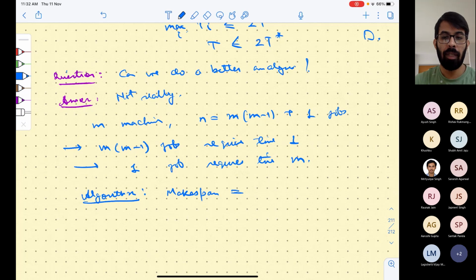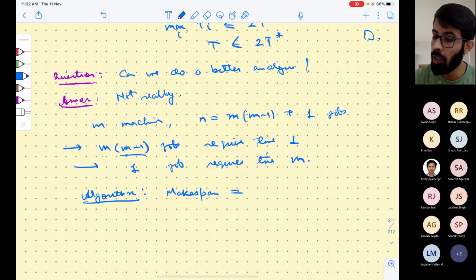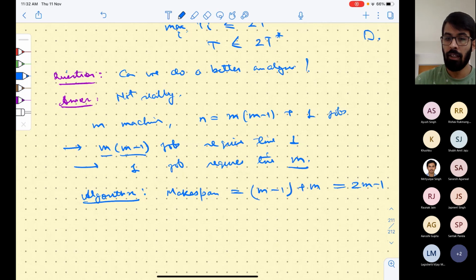Then what is the makespan this algorithm is going to achieve? 2M minus 1, right? Because first it will assign these M times (M minus 1) jobs to M machines equally, so you get M minus 1, plus finally it will assign this job to another, so you get 2M minus 1.